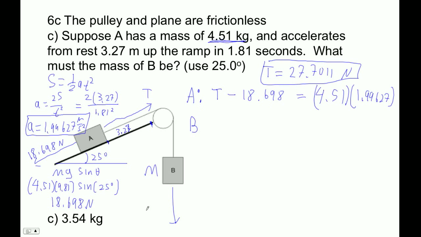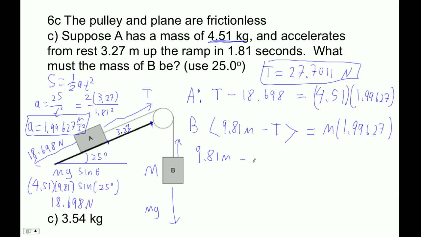For B, we've got a force of mg down and a force of t up. So this looks like 9.81 m minus t equals m times 1.99627. Again, we're just setting up F equals ma. So this is actually really good news, because we've got 9.81 m minus a number, 27.7011, equal to m times 1.99627.